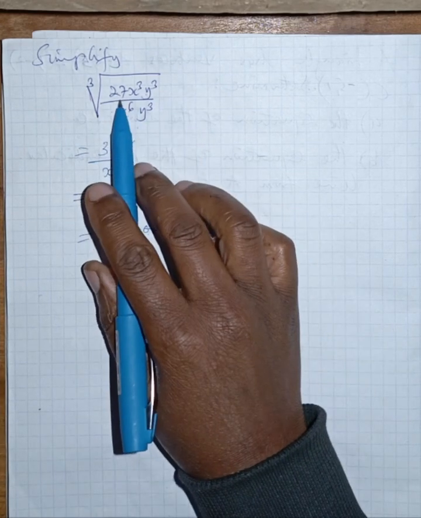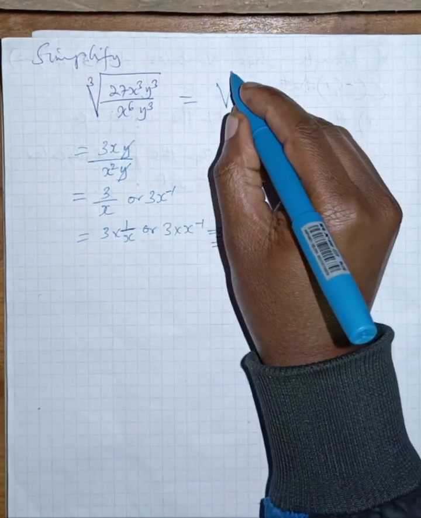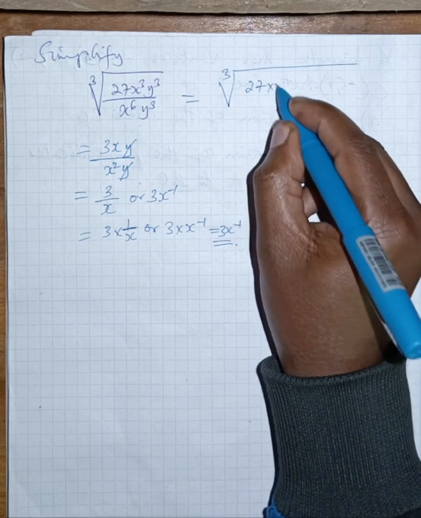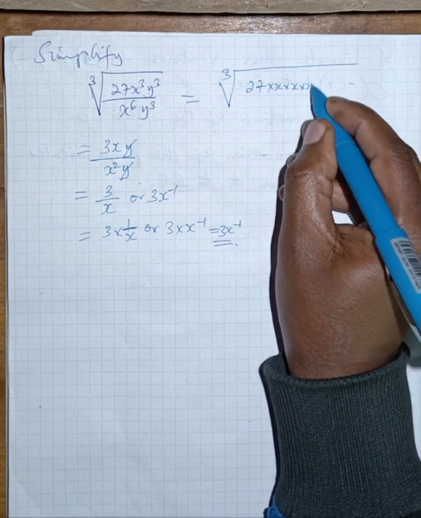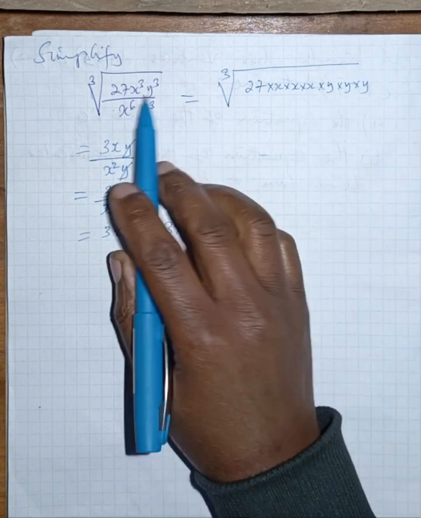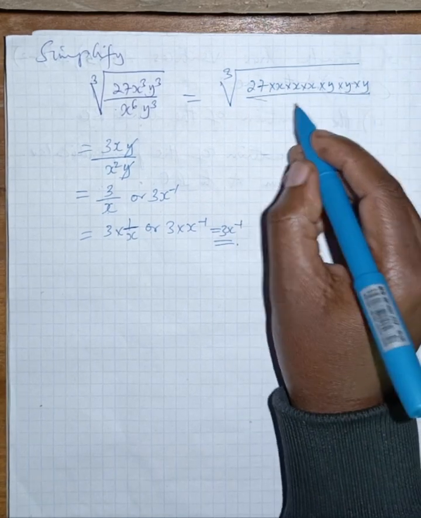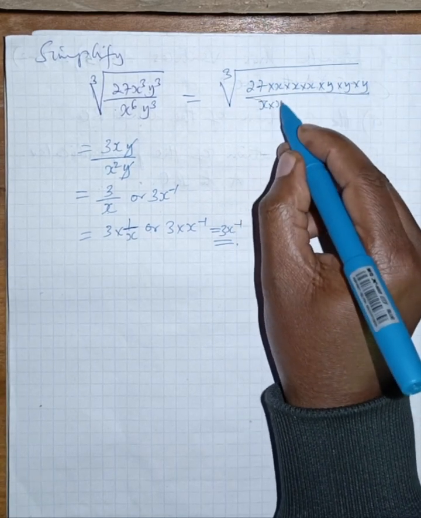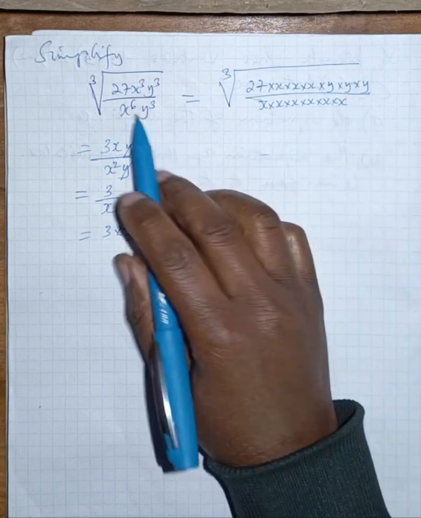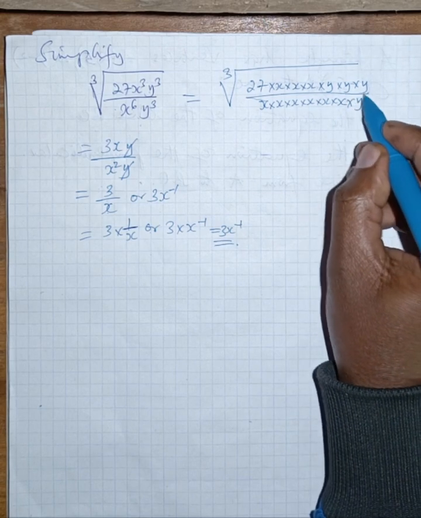The other way is whereby now I divide this and this. So this one will be equal to the cube root of 27 times x times x times x times y times y times y, 3y, 3x, 1, 2, 3, divided by x times x times x times x times x times x, 6 of them, 1, 2, 3, 4, 5, 6, then y, 3 of them.